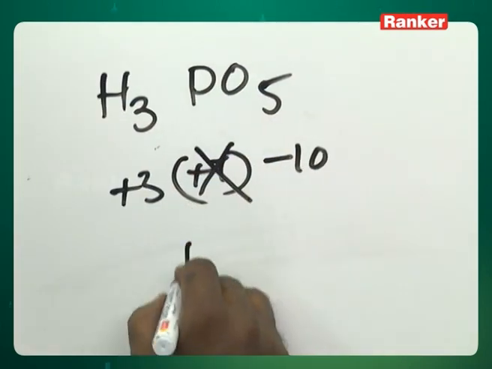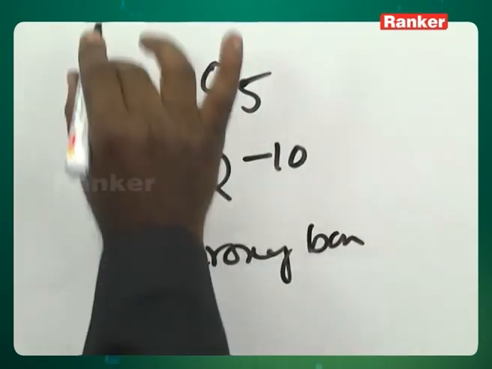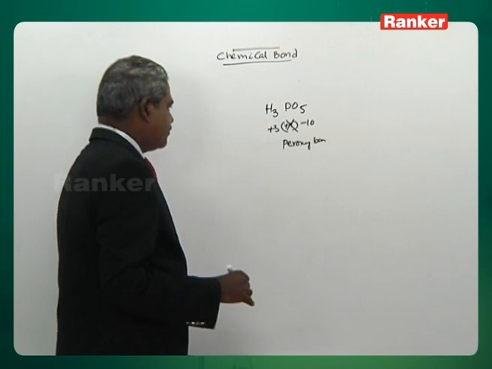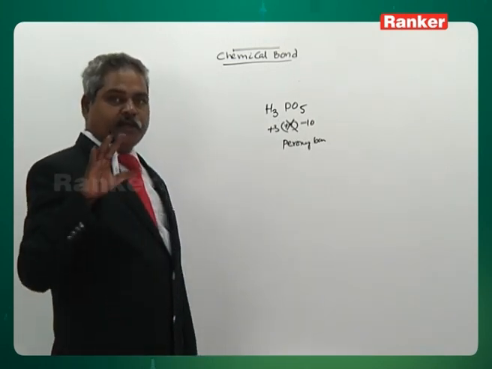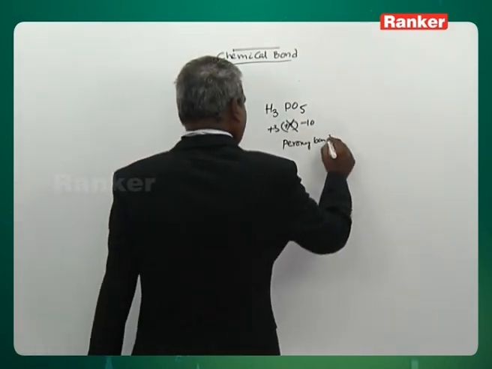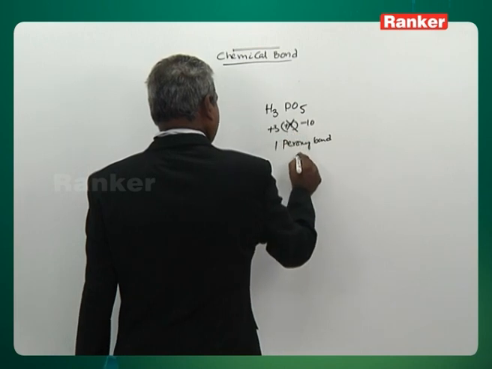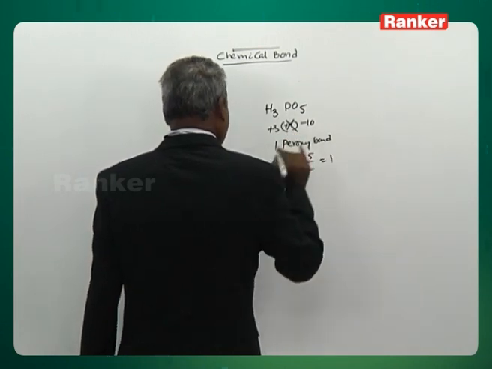Plus 7, therefore, it contains a peroxy bond. How many? 7 minus 5 by 2. Impossible is 7. The demand for electrons is 7, but phosphorus can meet a demand of 5 only, maximum 5. So, 1 peroxy bond. Impossible minus maximum, by 2.